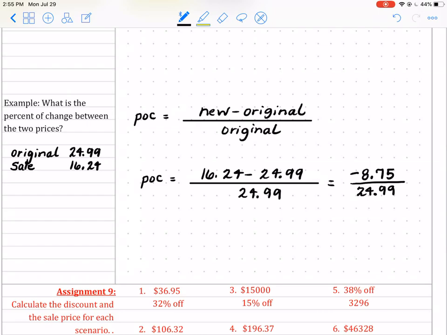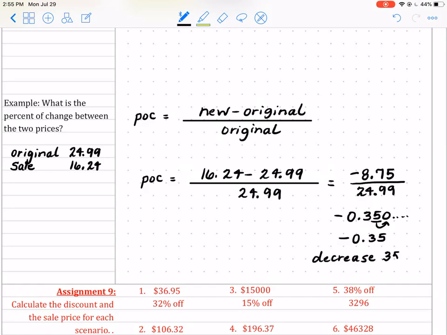Notice it is negative. So this is negative 0.350 and a bunch of stuff. So negative 0.35, or a decrease in price of 35%.